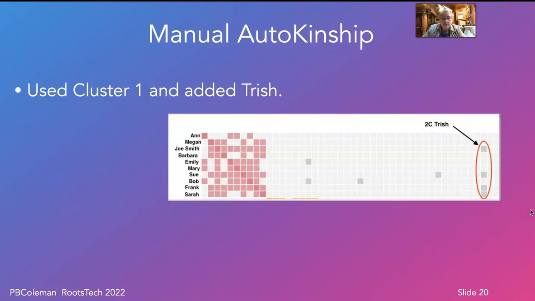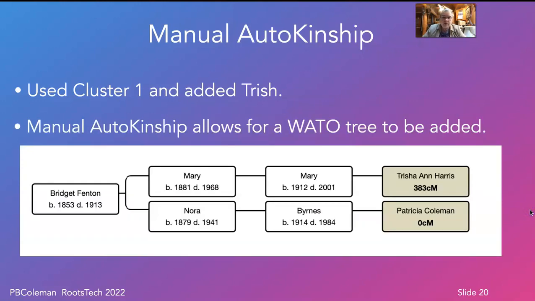So I used the data from cluster 1 from MyHeritage, and I added Trish's data to it. Because I'm running the manual AutoKinship function, I can use a WATO, What Are the Odds, tree from DNA Painter with that. That is useful in that I know exactly how Trish and I are related, so adding that information takes away any confusion from what might occur in AutoKinship.